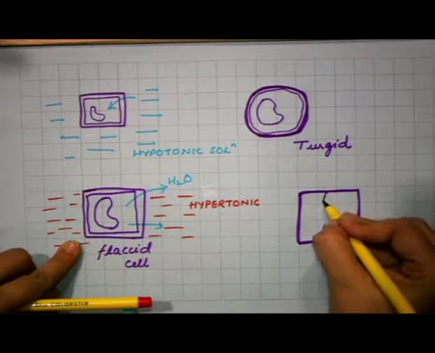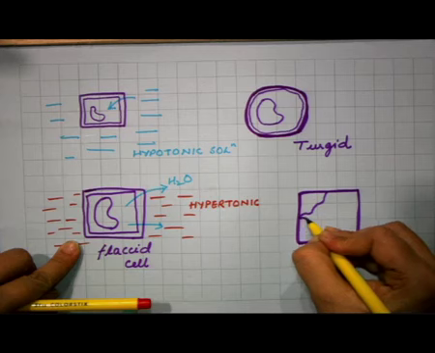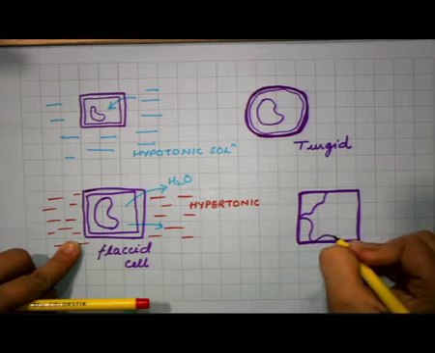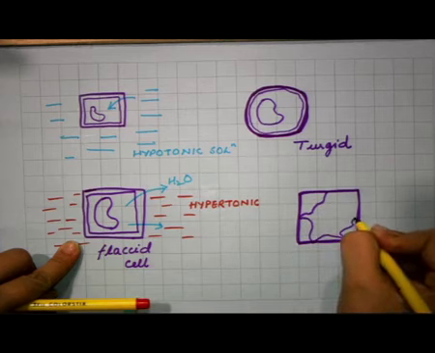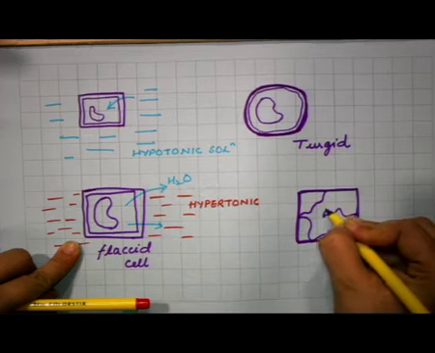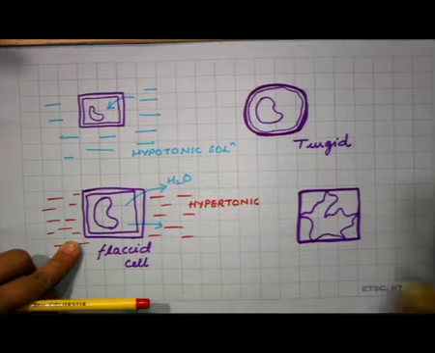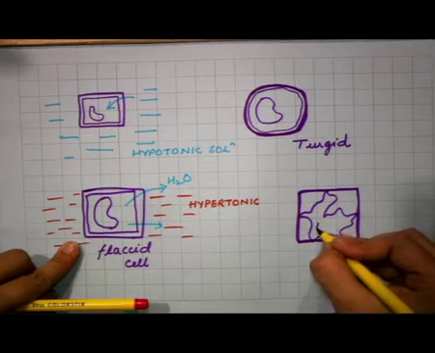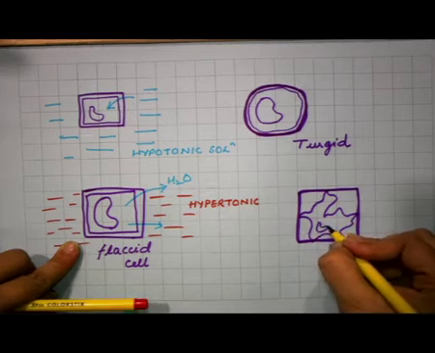The plasma membrane will shrink. It is somehow attached near the cell wall at some points, but largely it gets shrunk. The vacuole is also very small now.